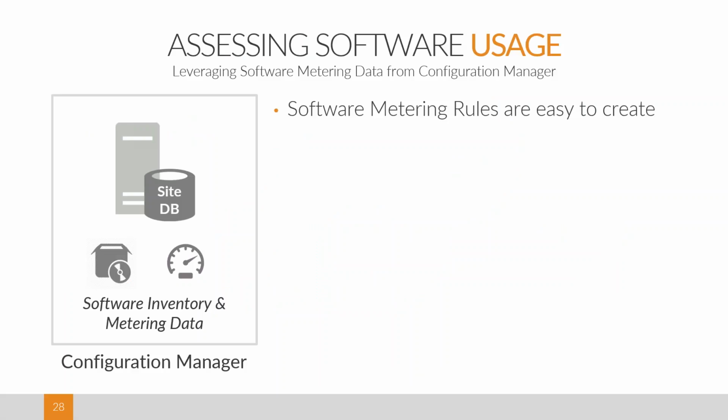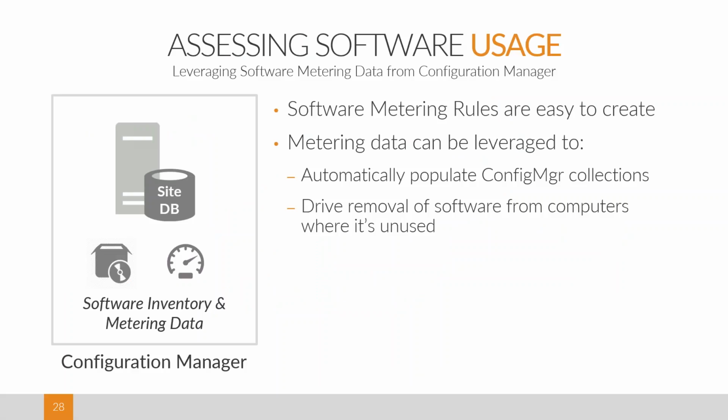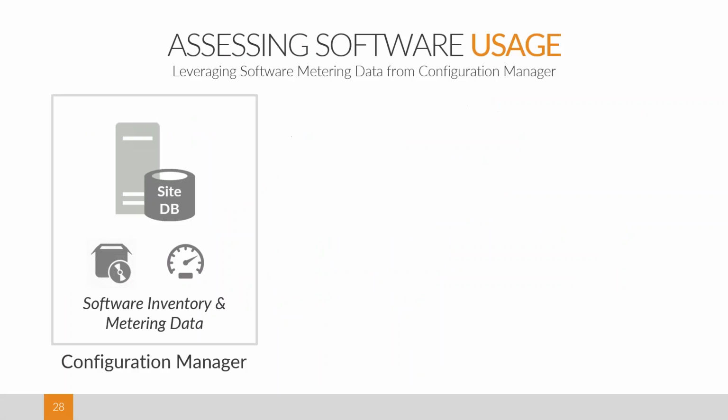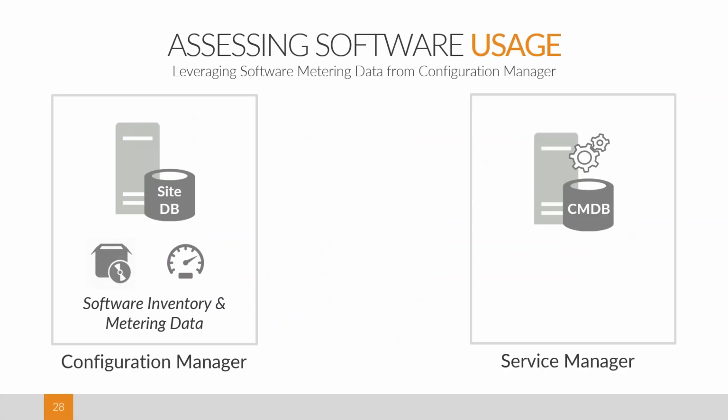If you want to track software usage, Configuration Manager we mentioned has software metering data. Very easy to create some rules. There's some automatically populated rules, and you can go ahead and create your own rules if you want to see who is running software. That's great. Then in Service Manager, there's a connector that Cireson provides that will let you go and extract that data from the ConfigMan site database and pull it back over into the CMDB and Service Manager.